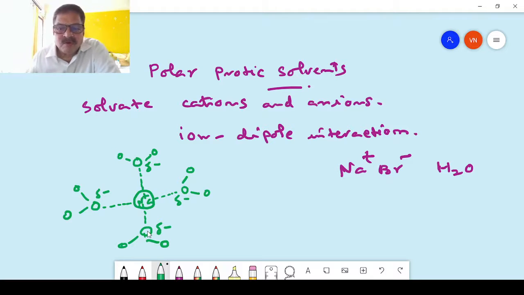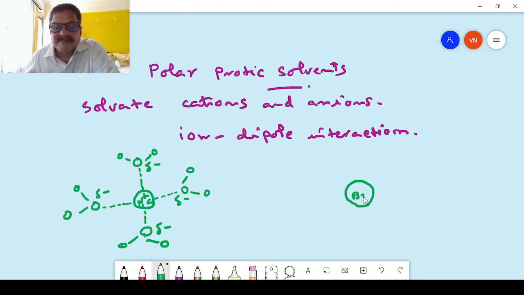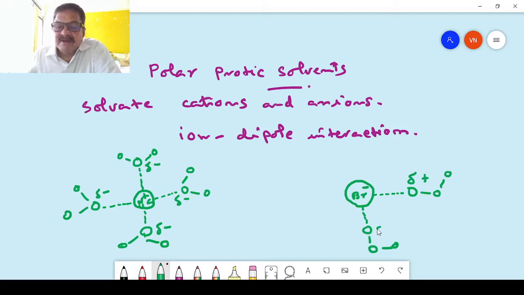Now in the case of an anion, the bromide anion, Br-, how does it get solvated? It is because of hydrogen bonding. At the center we have Br-, and it is surrounded by water in all possible directions. It can form hydrogen bonding with the delta plus hydrogens of water.